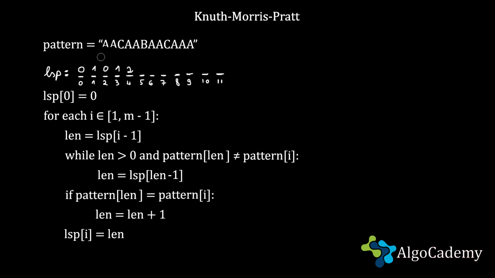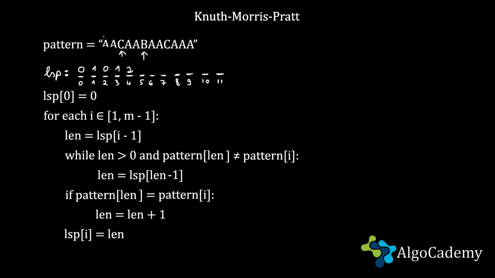Then I move to the next one and try to compute its LSP. The next one is B. So len is initially 2, len is greater than 0, and while this character is different than pattern of len, which is pattern of 2, this one, and they are different, I'm going to try out LSP of len minus 1. So LSP of 1. What is LSP of 1? It is 1.